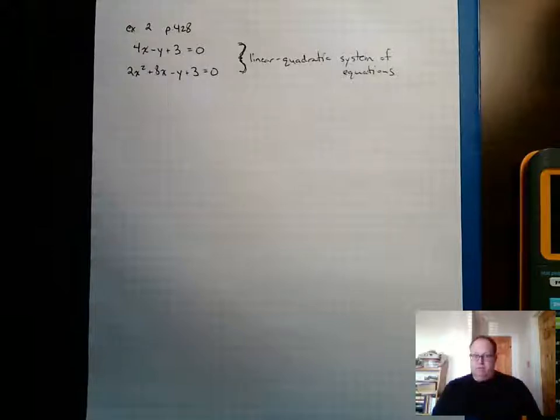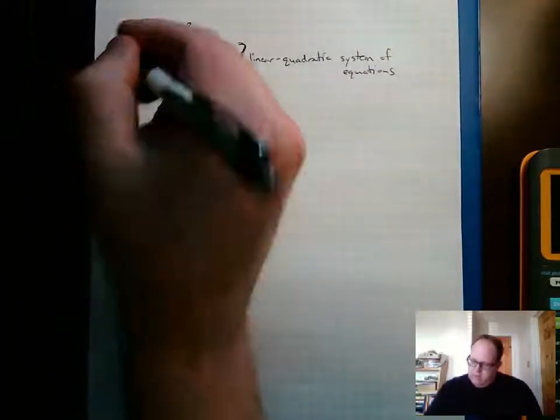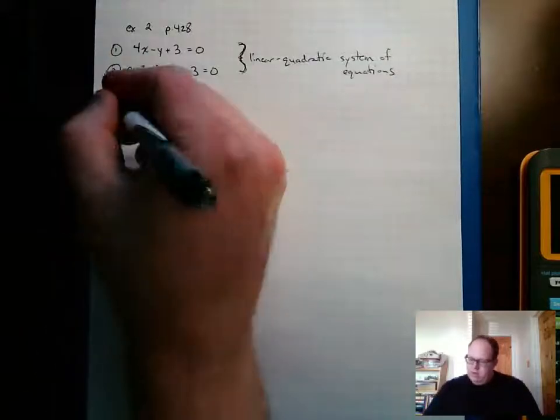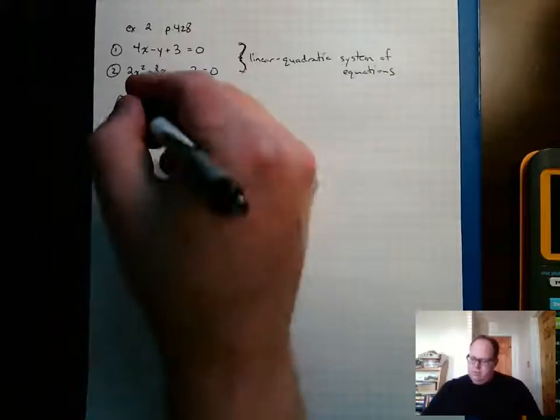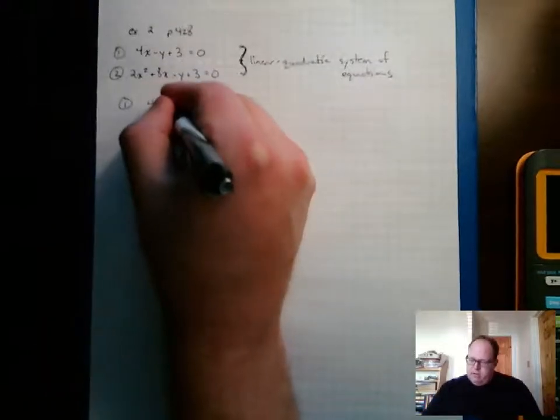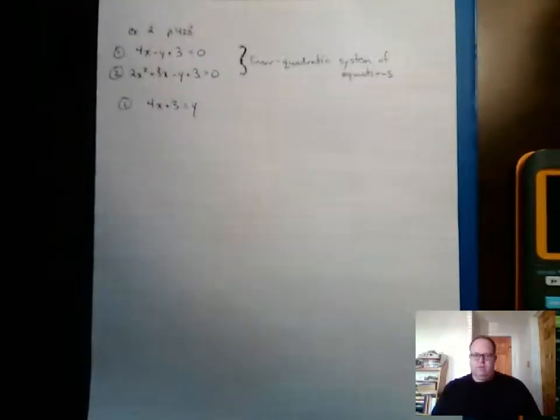So in order to find a solution, we are going to need to rearrange each of these equations for y. If I take my first equation, I'll label these 1 and 2 to make my life a little bit easier. So equation 1, 4x minus y plus 3. I want to get that y by itself. Probably the easiest thing to do would be to just add y to each side of this. So I can do that and have 4x plus 3 equals y.